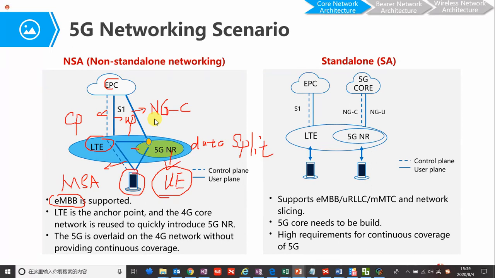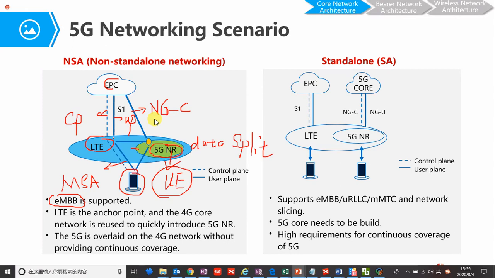First, one reason is that 5G is not continuous. So if the UE is out of the 5G areas, the LTE 4G base station provides the data service to the UE. This is one reason.